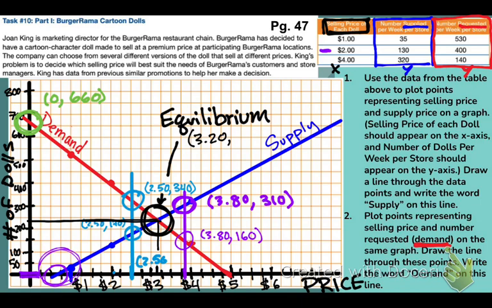And what about the number of dolls? Where is this hitting? Looks like it's 40. I put 250, but 250. Yeah, 250. Maybe a little bit below 240. So we could say 240, maybe 245.